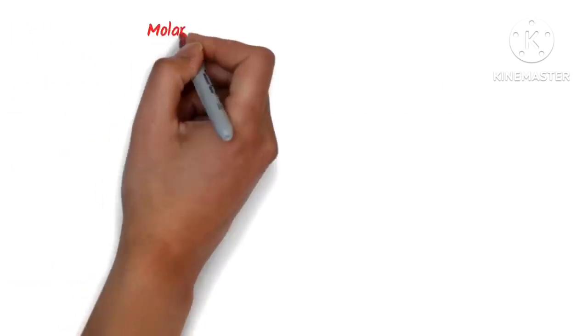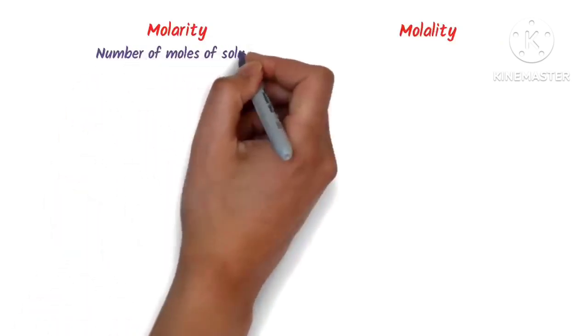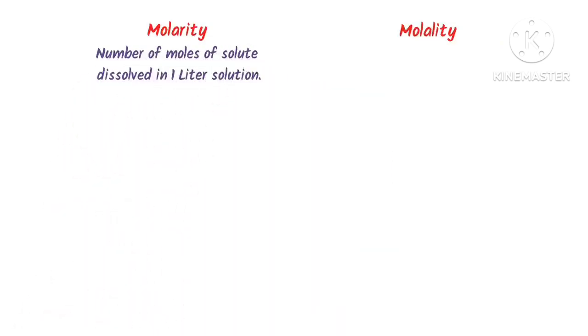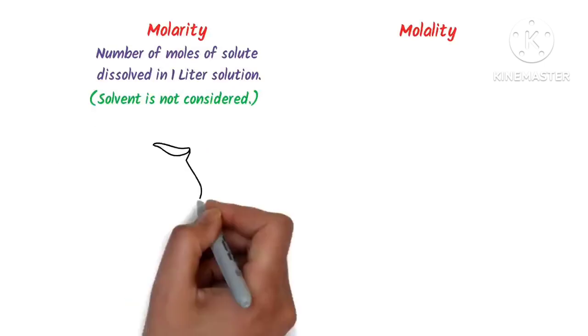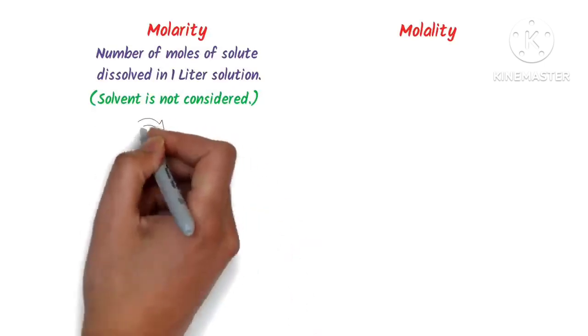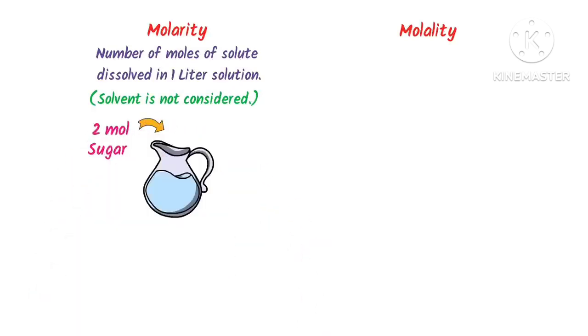The last topic is molarity and molality. Now molarity is the number of moles of solute dissolved in 1 liter of solution. Remember that we do not consider the solvent in molarity. For example, consider some water in this object. I add 2 moles of sugar to this water. After adding 2 moles of sugar to this water, the volume of solution becomes 1 liter.